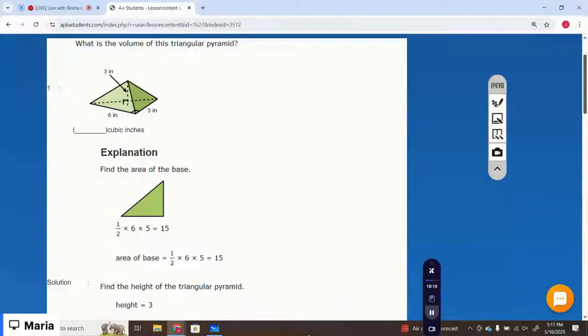So just calculate the area of the base, that is half times base times height.